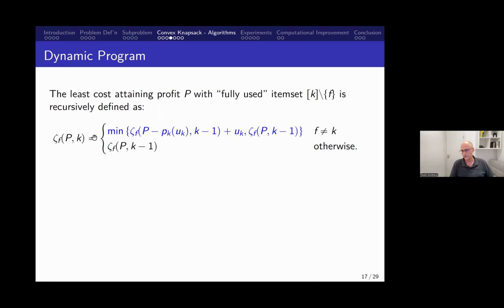So we can either pick an item, right? Our zeta function is basically the weight needed to obtain a profit of P, uppercase P, and then we can either select the item K, or not select it, as long as it's not the fractional item.